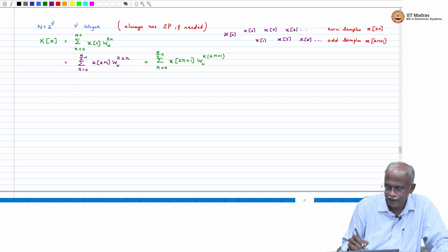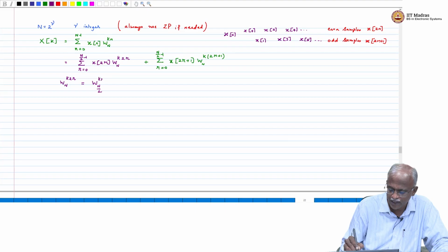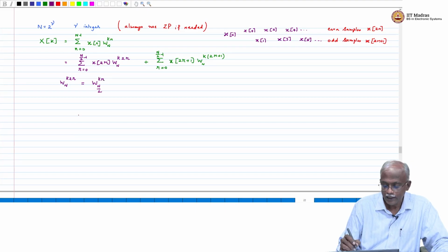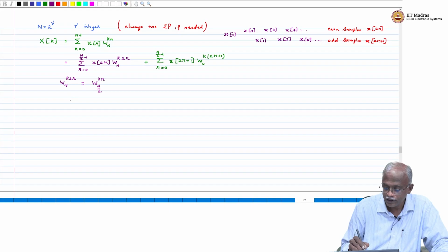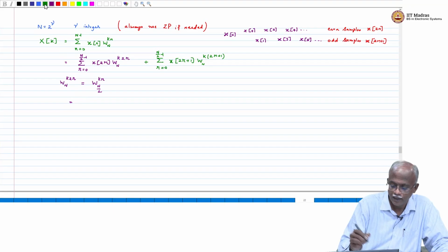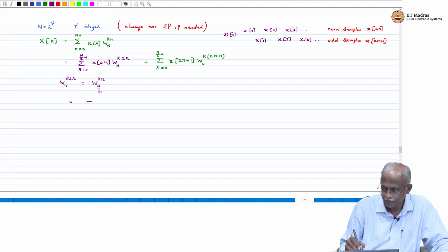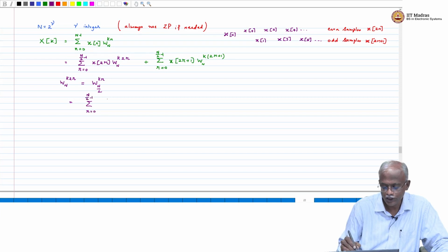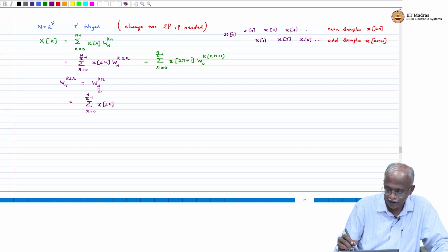Okay, here are some important results. W_N raised to the power of k times 2r is the same as W_{N/2} raised to the power k times r. Okay. Using this result, we then write down saying that x of k can be written in the following form. Purple for the first term, summation r equal to 0 through n by 2 minus 1 x of 2r. So I'm going to simplify this expression.